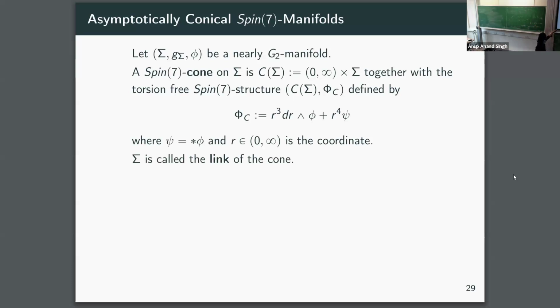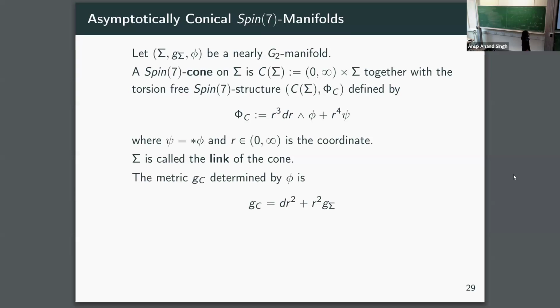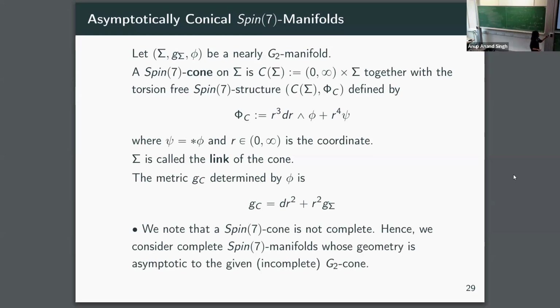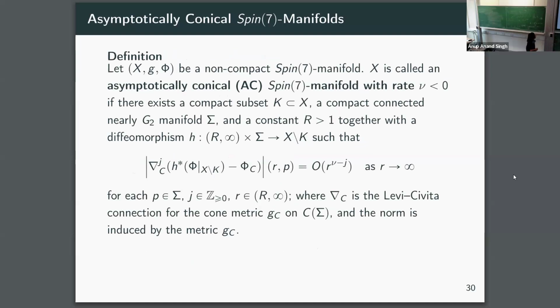We call this Sigma the nearly G2 7 manifold, the link of the cone, and you'll get a conical metric. But the problem is this cone is not complete, which means you need to start with a complete manifold whose geometry is very similar to this cone. What do I mean by that? So I'll start with a non-compact Spin 7 manifold. I'll call it asymptotically conical with rate nu.